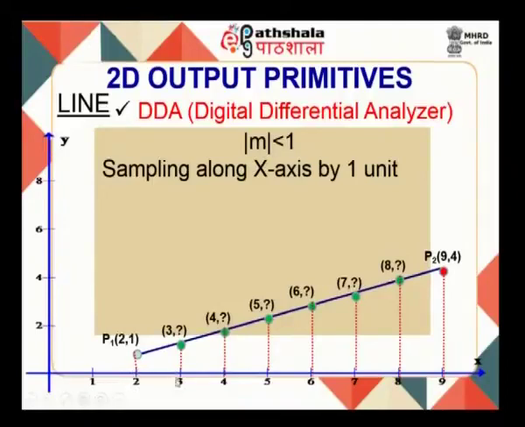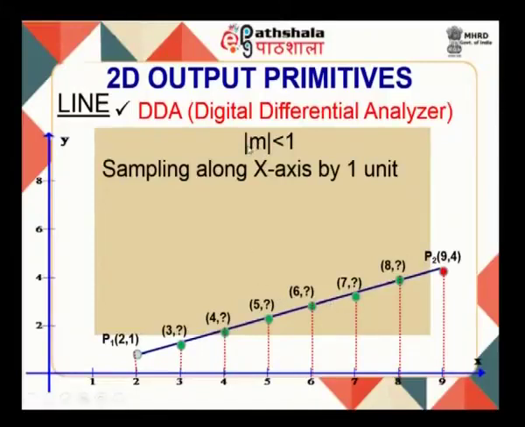We can only choose integer positions, and the distance between any two consecutive positions is 1 unit. That is how the pixels are arranged on a display device like a monitor.